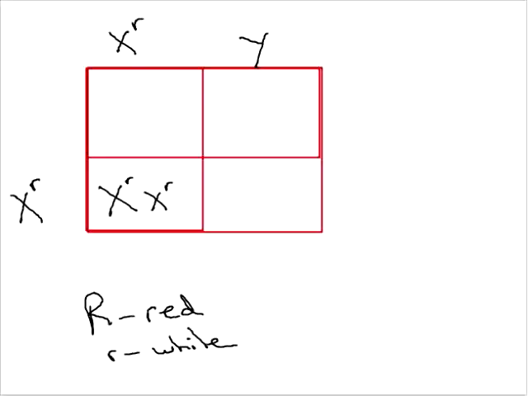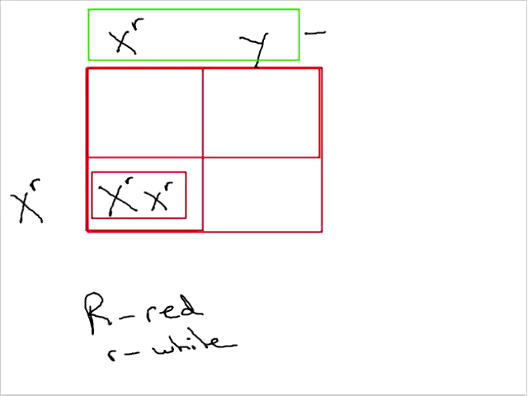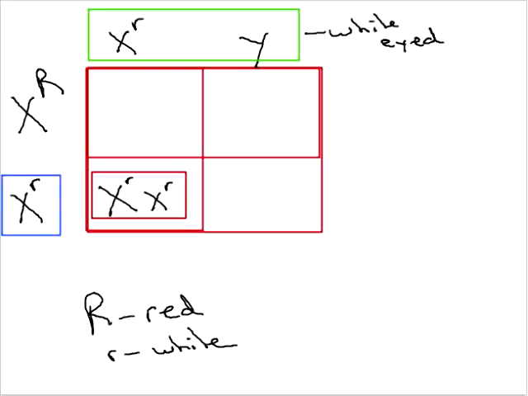So in order for a female to be white-eyed, the male parent must be white-eyed. The female fruit fly could be red-eyed, providing that she is at least a carrier for white eyes.